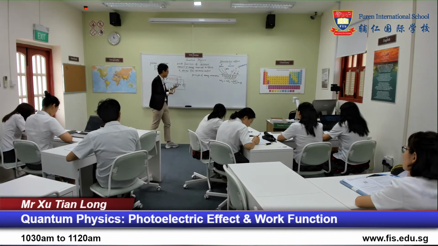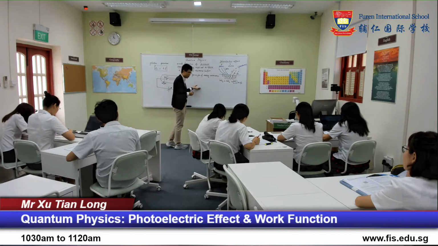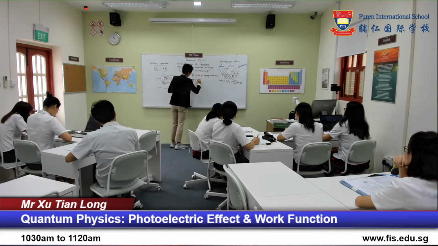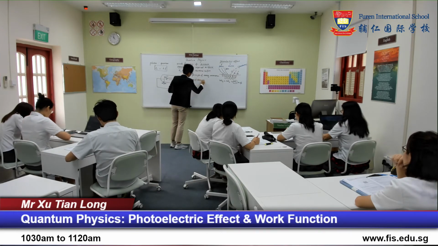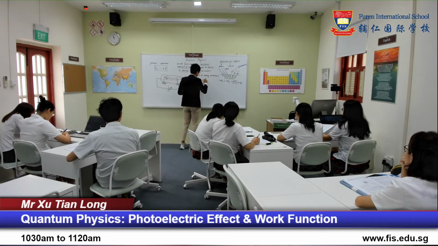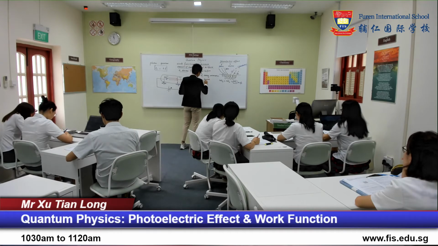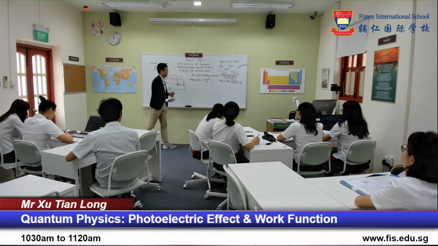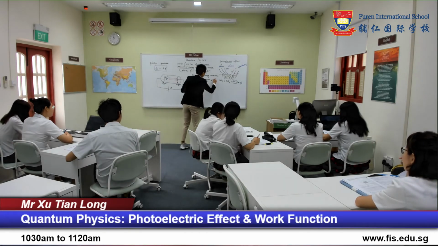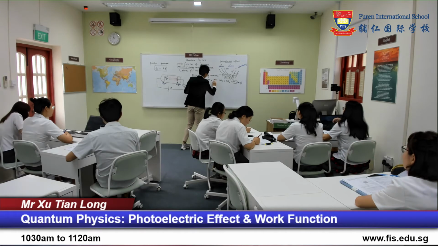So you can write a word equation: energy of photon equals minimum work done plus maximum kinetic energy.